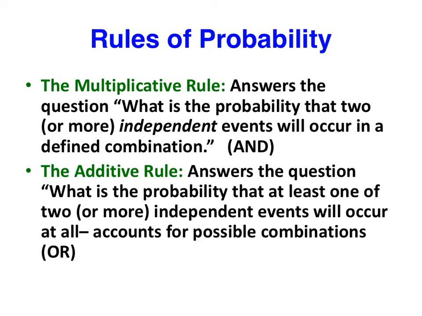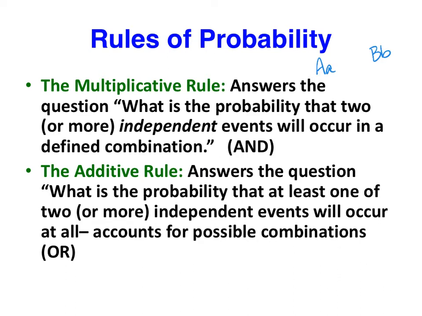We have two options, multiplication and addition. Multiplication is used when we're thinking about the probability of two independent events. That is the inheritance of alleles from gene A versus the inheritance of alleles from gene B. These are two independent events.